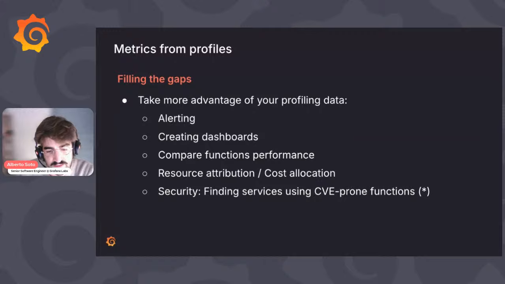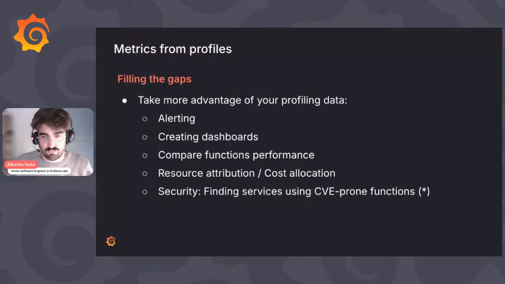We can alert on consumption. We can alert on services that are consuming too much. We can find functions that are increasing their consumption in percentage, for example, and out of the box, with Mimir in the middle, we unlock alerting.